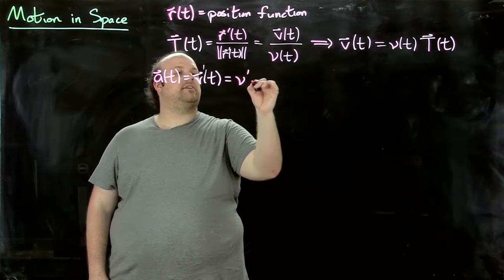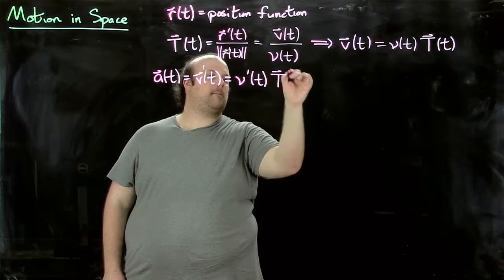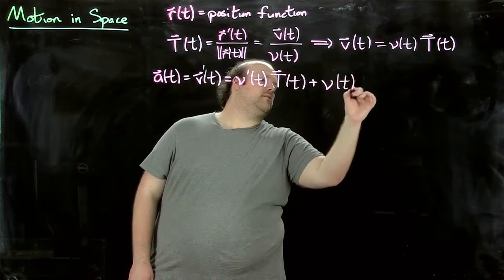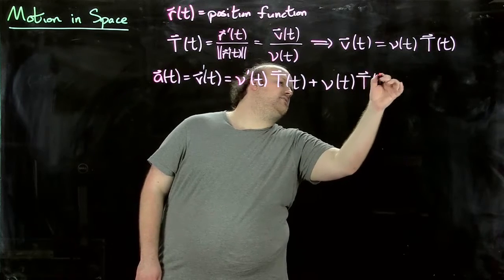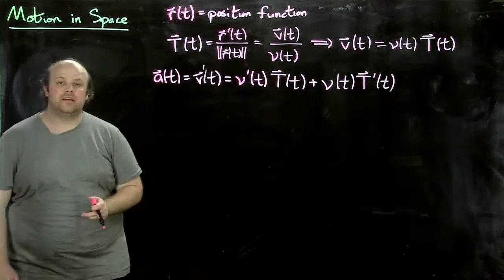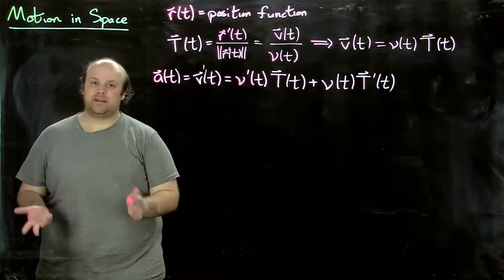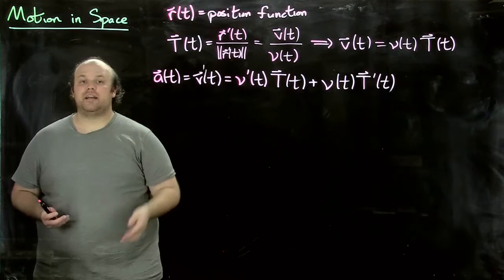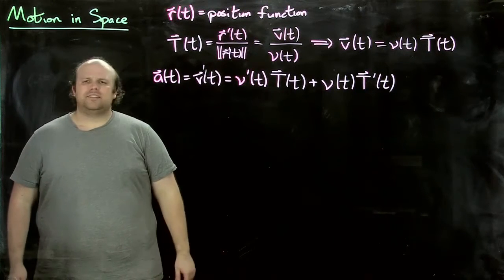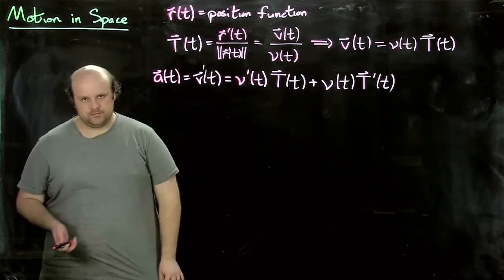So it's the derivative of speed times T plus speed times T prime. All right, so T prime is almost the unit normal vector already. It's just missing the dividing by the magnitude of T prime. Well, how can we get that in there? That's what we'd really like to do.